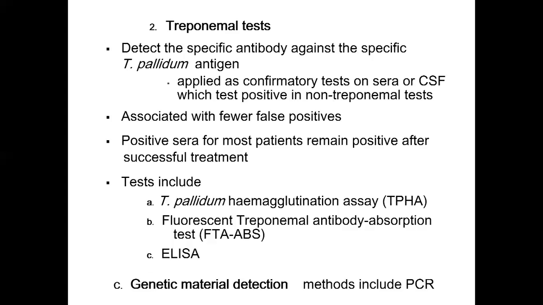Then the second group of tests are referred to as treponemal tests. They detect the specific antibody against the specific antigen on the Treponema pallidum. This is the second antibody we described, and the treponemal tests are applied as confirmatory tests on sera or CSF which test positive in non-treponemal tests.